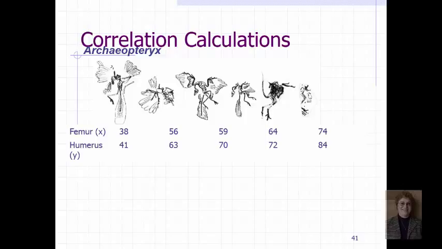And so we take their femur length versus their humerus length. Remember, the femur is the long bone in the leg and the humerus is the long bone in the arm. And we want to see if there's a relationship between the femur length and the humerus length to show that these are fossils of the same species.